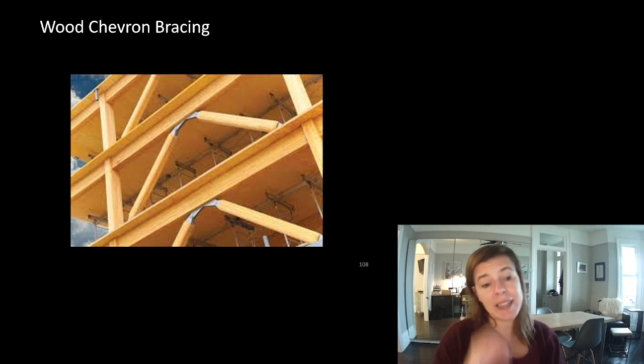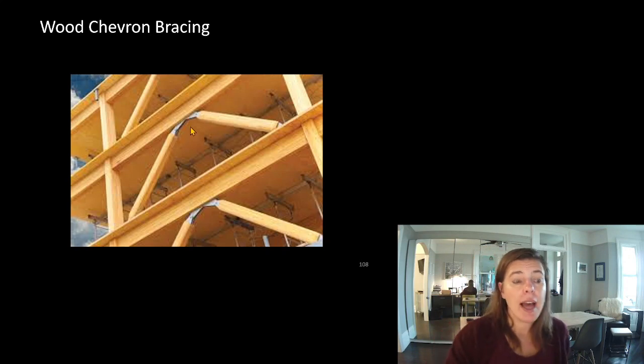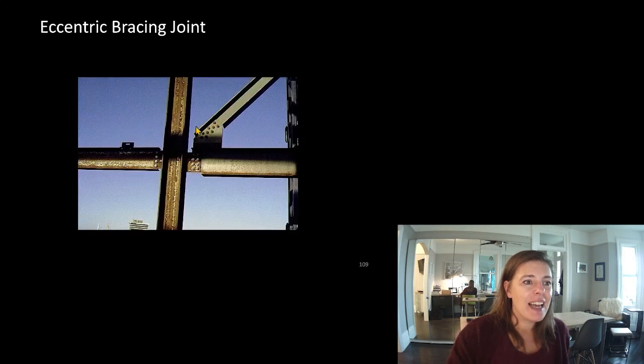You can incorporate steel and wood together to create interesting details. Now this will show up again in the wood lecture, obviously. An eccentric bracing joint. Now this right here is likely part of seismic design.